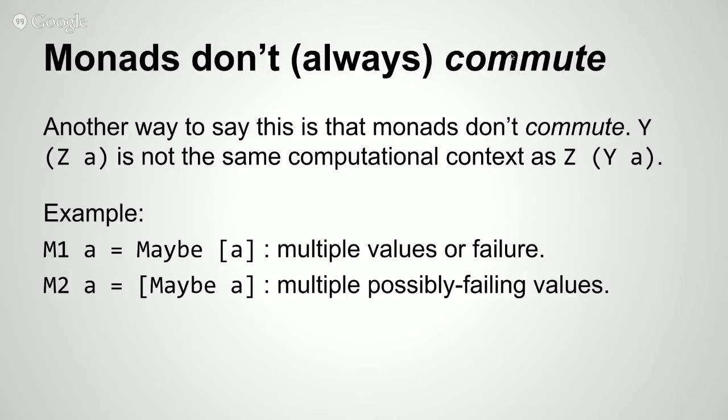And that has the power of early exit, because as soon as you get a nothing, you're done. The other alternative, M2, is a list of possibly failing values, which is a different thing. They represent different things.